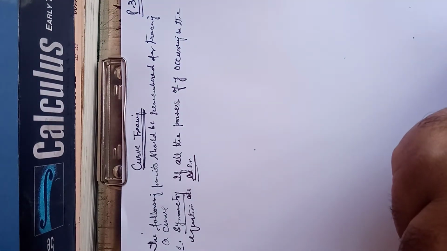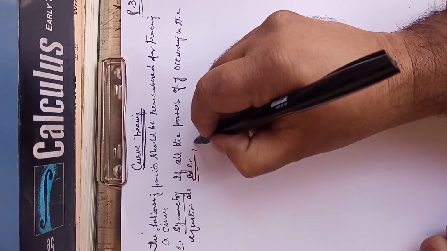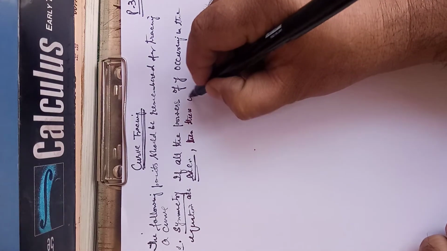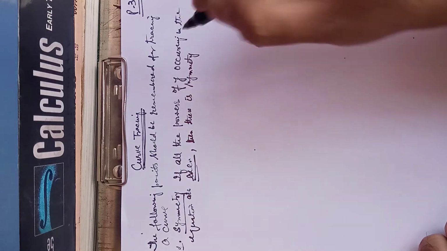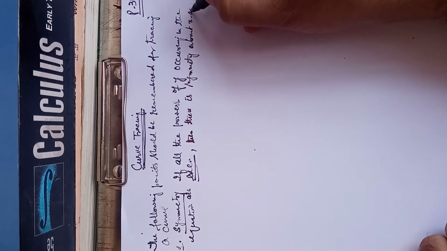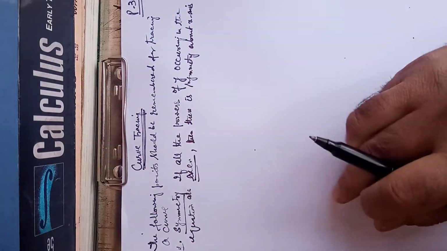If all the powers of y occurring in the equation are even, then there is symmetry about x-axis. Symmetry is about x-axis only.